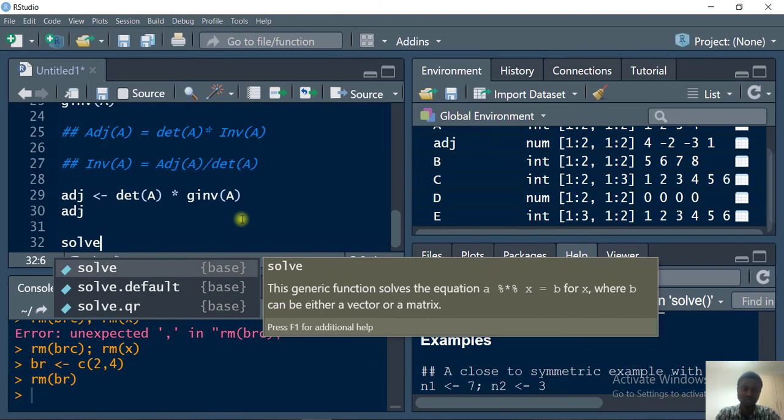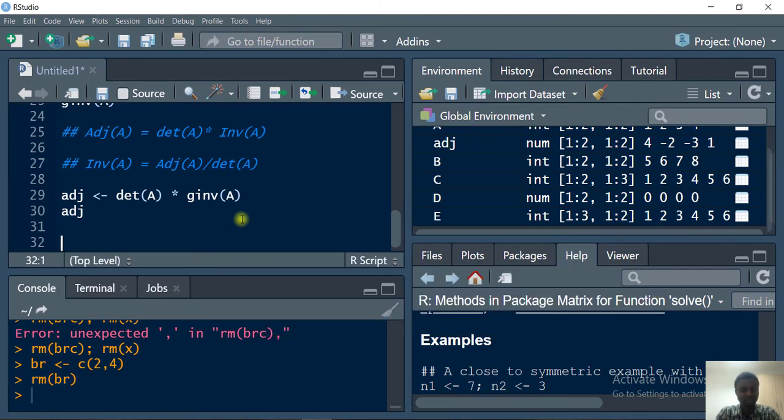We have a matrix A, which must always be a square matrix, multiplied by X, which is unknown. We are solving for X, equals B. But ensure that if B is a vector, it is of the same dimension as that square matrix.